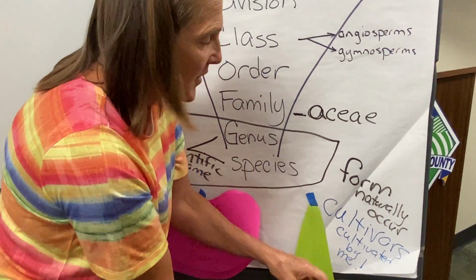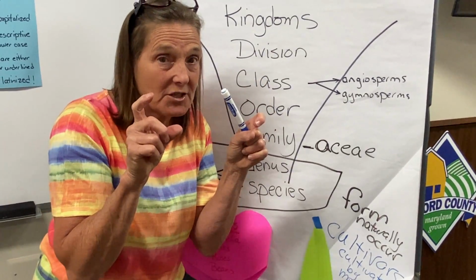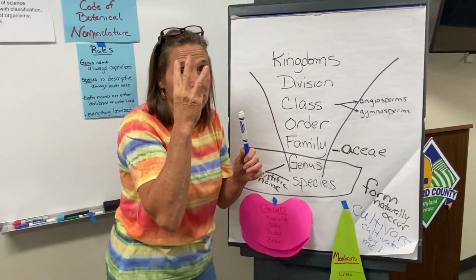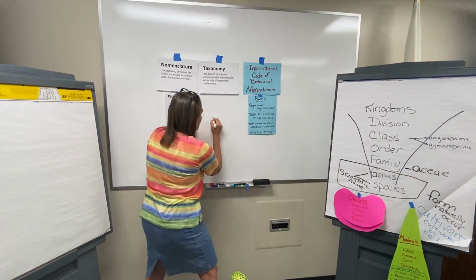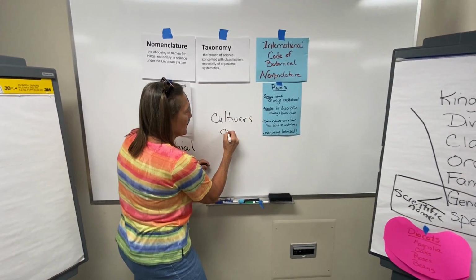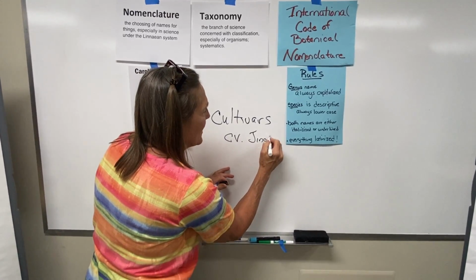So cultivars, and whenever you write a cultivar, it'll always have the little quotation marks on it. A little quote. Or it might say, there's 3 ways. I should write this down for you. Let me show you on the board here. Cultivars. They can write CV, like if I told you he named his Jingle Bells.